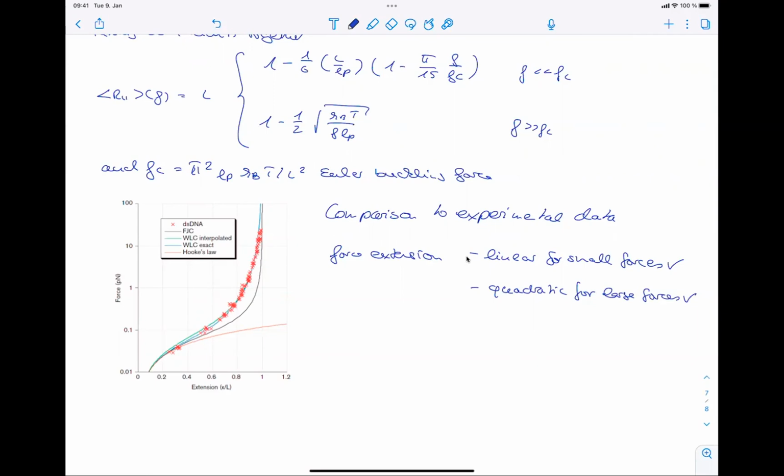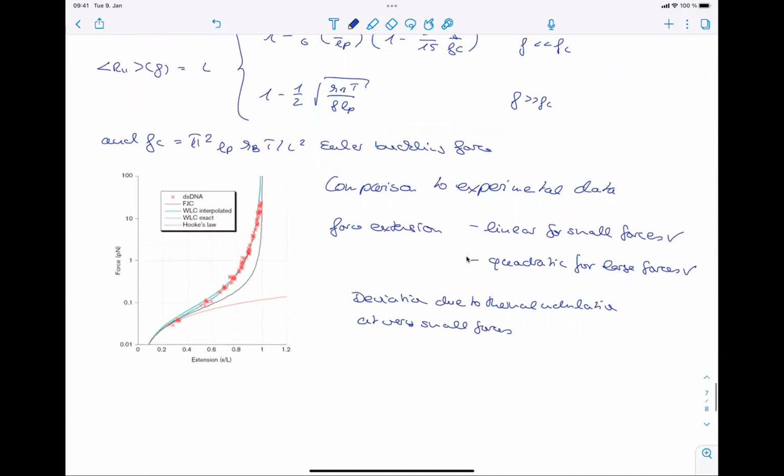And there are deviations due to thermal undulations at very small forces. Okay, so this is concluding the journey into semi-flexible polymers.